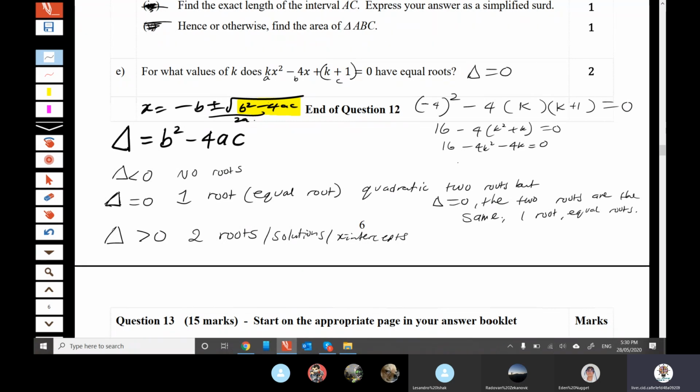So I would divide by -4 first, just to make this positive: k squared plus k minus 4. And I can actually tell you can't factorize. What's your next option if you can't factorize that? Quadratic equation. Yeah, that's probably what I would have jumped into straight away.